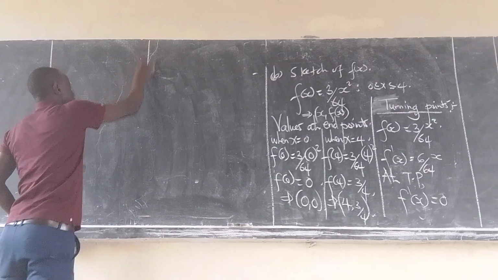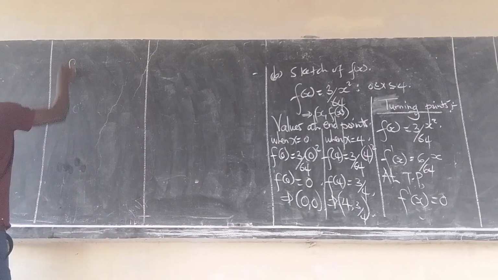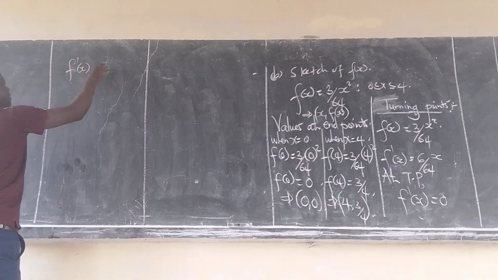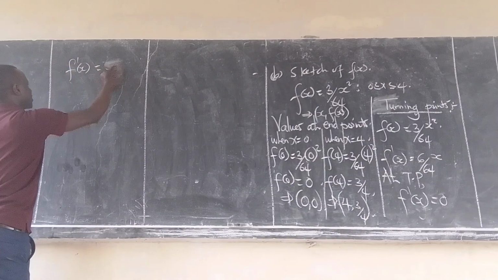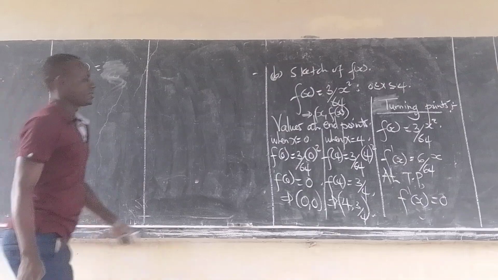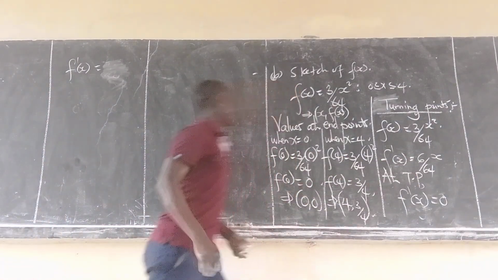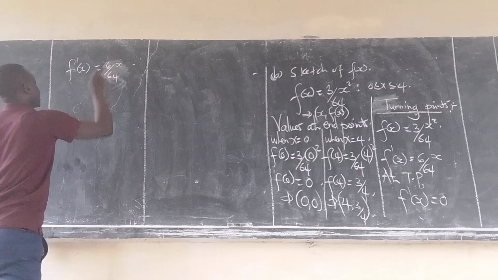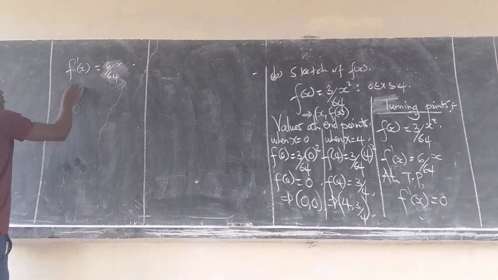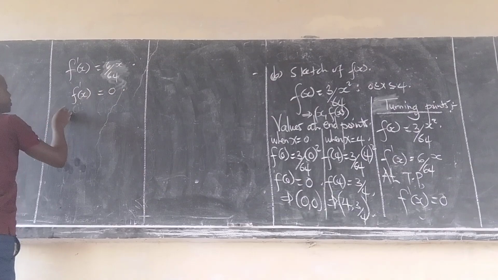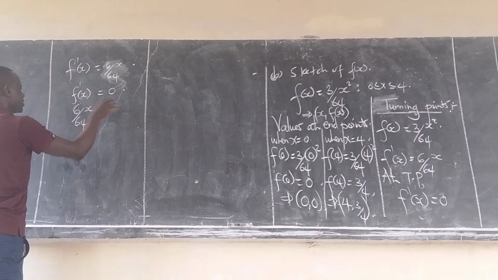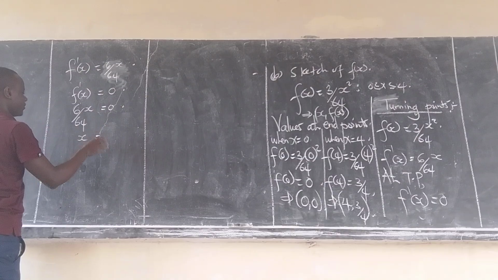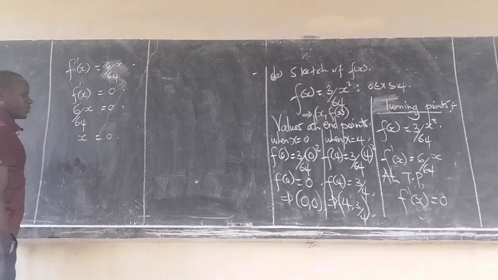So my first derivative of x is 3 over 60, not 3 over 64. It is 6 over 64 x. So it is 6 over 64 x, but we are equating this to 0. So f prime of x at the turning point is 0, which means 6 over 64 x is 0, and our x will definitely be 0.